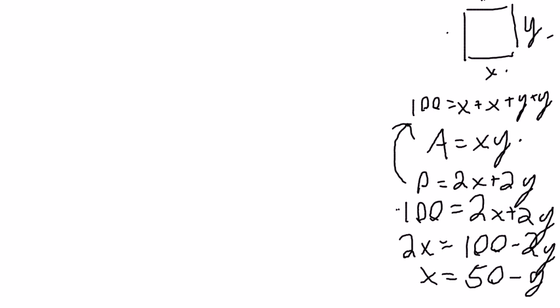Then we can plug that in to our original equation up here and say that A equals y times (50 minus y).